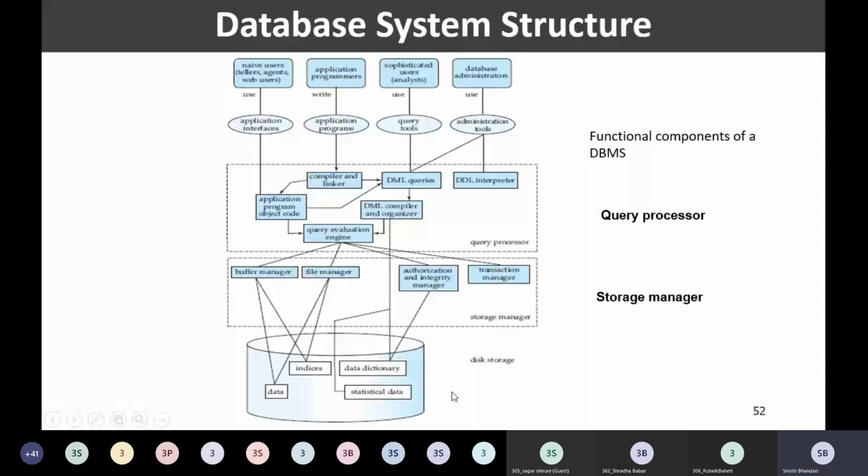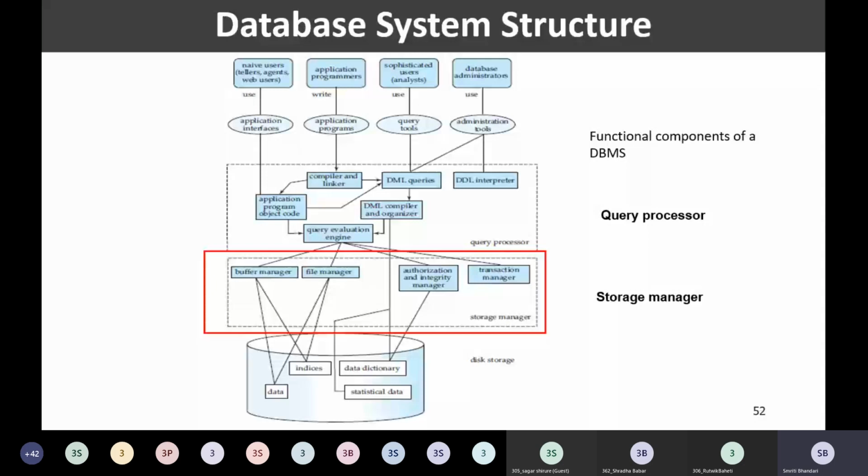Why is the storage manager really important for the database management system? Database systems typically require a large amount of storage space. Database management systems are meant for corporates or enterprises, and to store the data of an entire enterprise or corporate, there is a need for huge storage space.